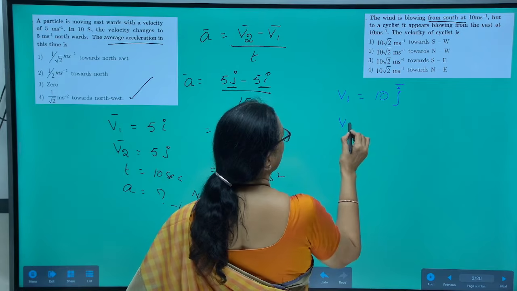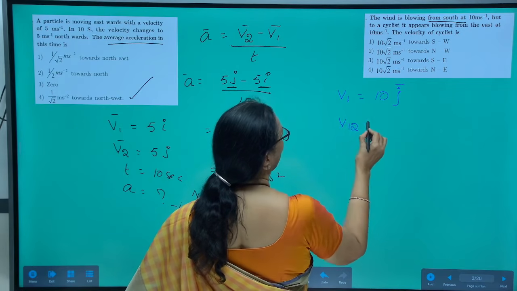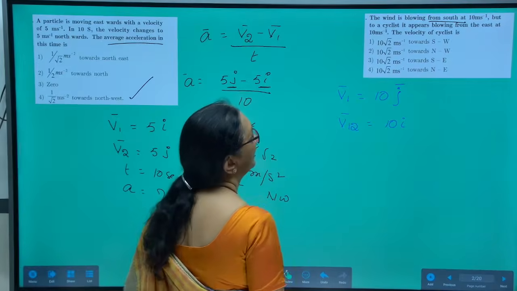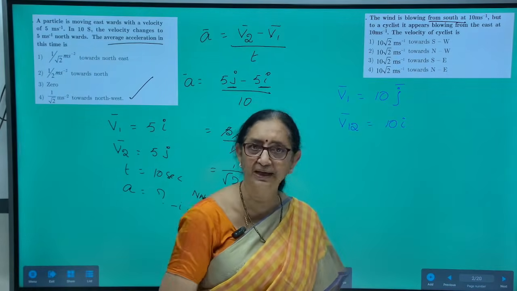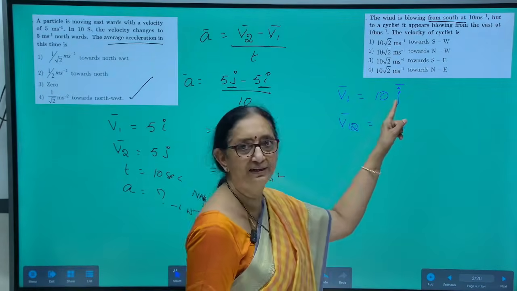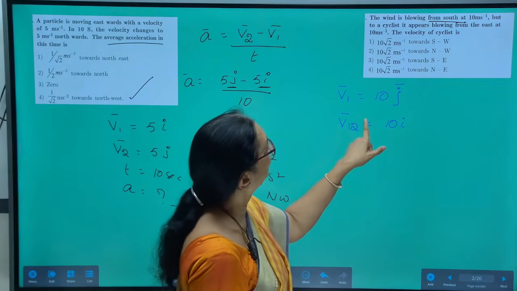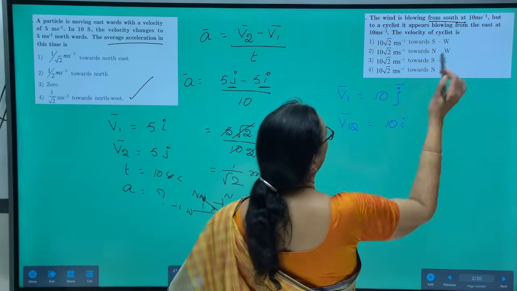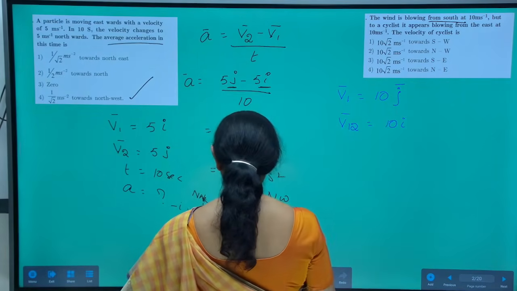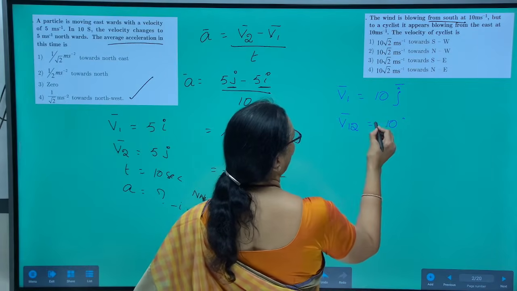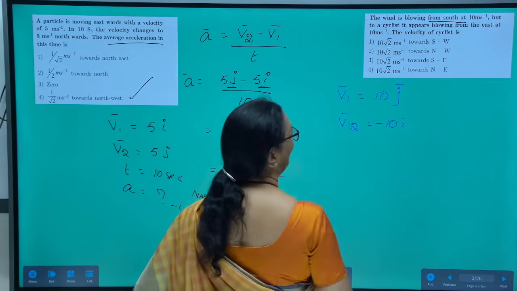So the velocity of wind with respect to the cyclist is 10I bar, because the wind is actually blowing towards north but appears to blow from the east, which means towards west. So here this becomes minus I bar.